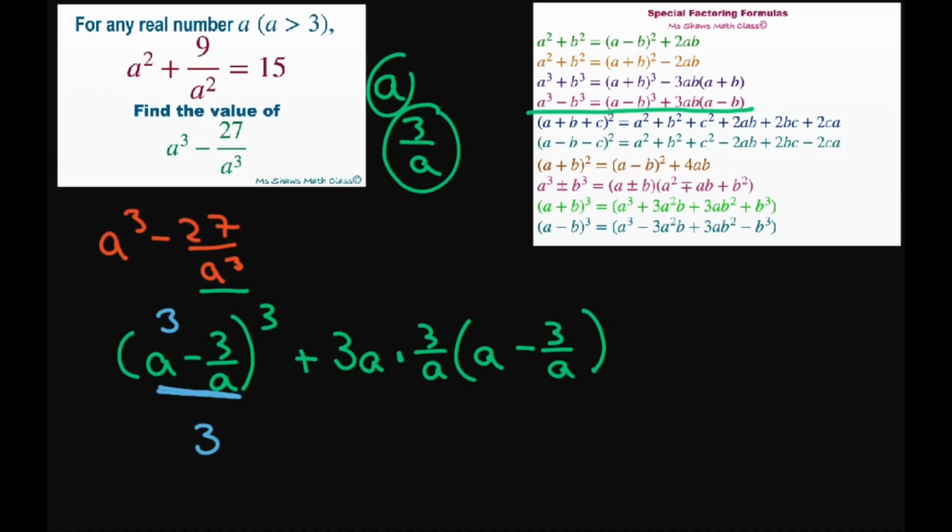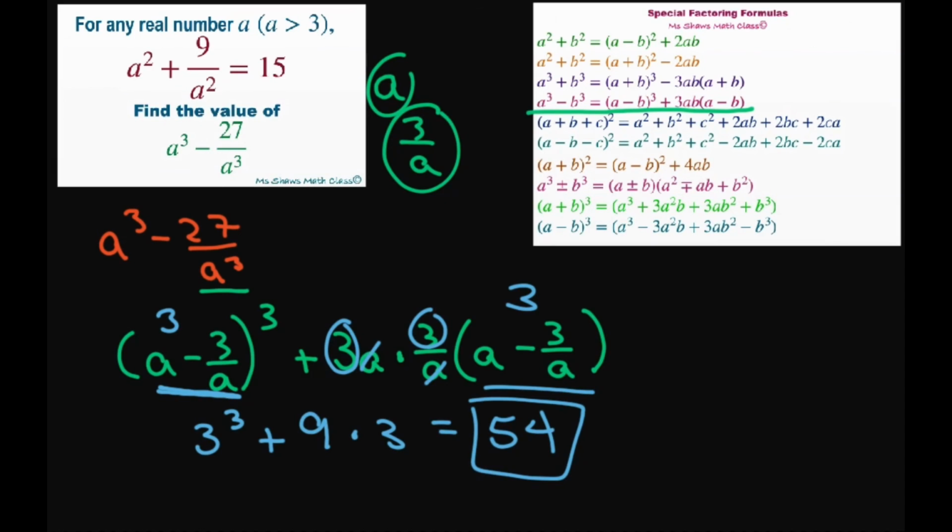So we have 3 cubed plus, this is also 3, so 3 times 3 is 9, and then times 3, because using substitution, this is 3. And this is going to give you 54. So that is your final answer.